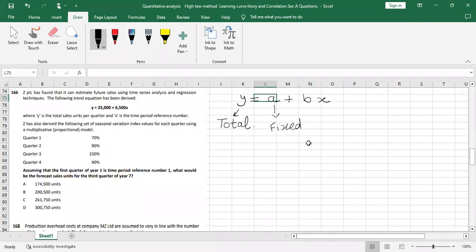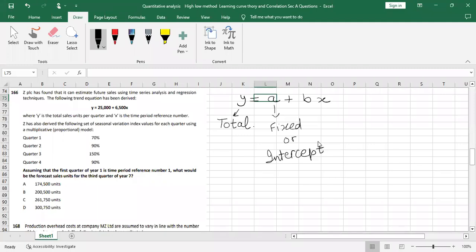Or we use another word for A, which is called intercept. So in any MCQ, if he says that the intercept value is 10,000, it means he is saying the fixed portion.